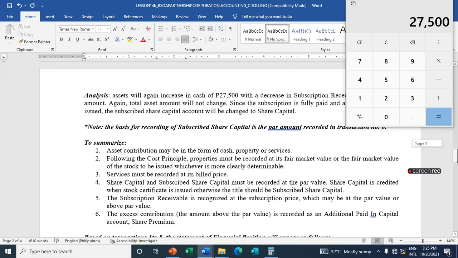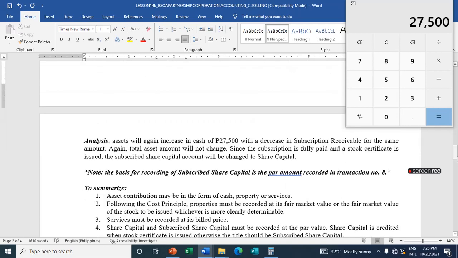The basis for recording the subscribed share capital is the par amount recorded in transaction number 8. So it's still at par value, which is 200 times 250, and we get 50,000. That is why we have 5,000 share premium in transaction number 8.